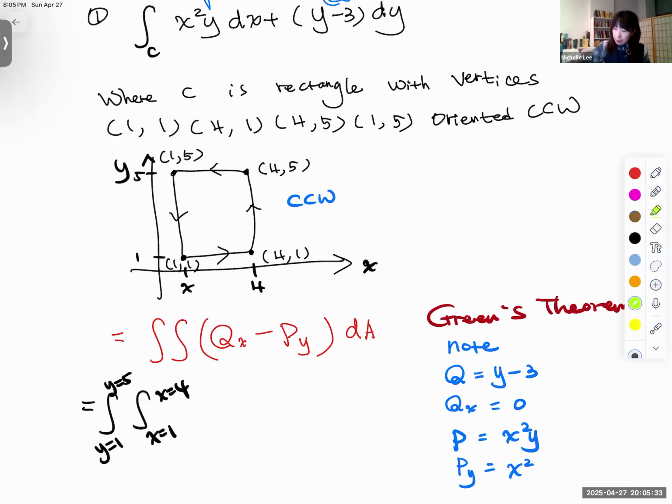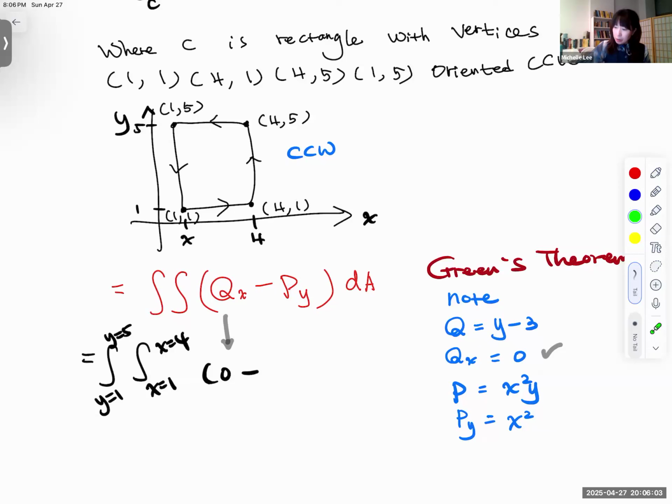Then we have this one, which is 0. Zero minus the partial derivative with respect to y, which is x squared. So we have x squared there, then dx dy.